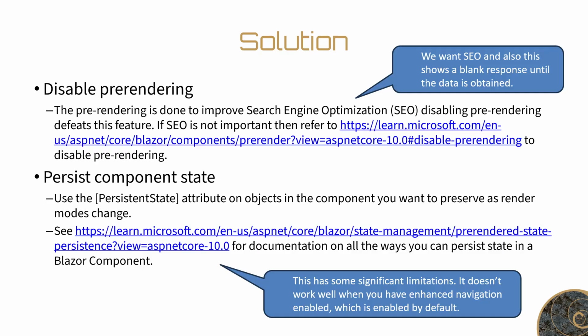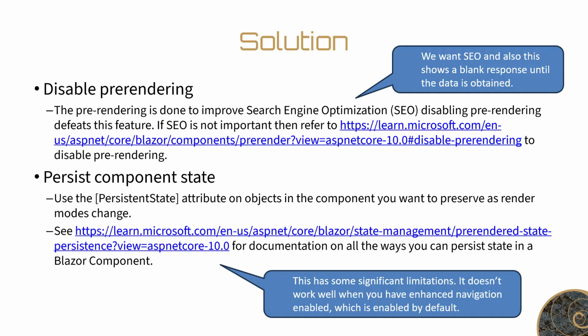Persisting component state. There's a PersistentState attribute you can put on objects and components you want to preserve as render mode changes. This kind of works, but it's a new feature in .NET 10, and it's not fully implemented in many ways. If you go away from the page and come back, there's this feature called enhanced navigation that can actually defeat the PersistentState attribute.